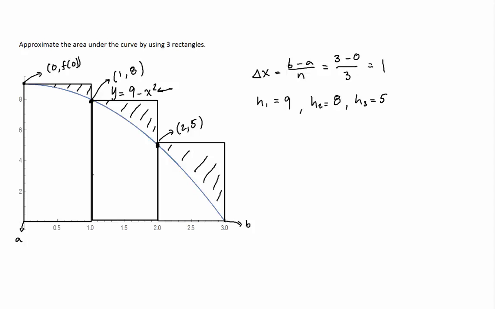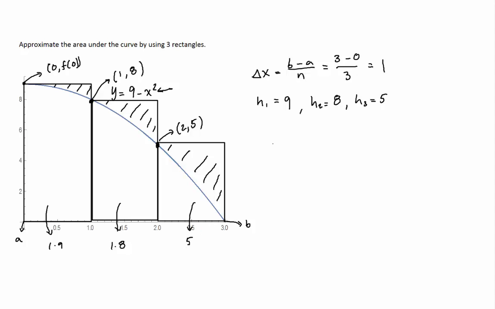So the area of this rectangle would be base times height, which is going to be 1 times 9. So 9. The area of this one, well, should be all the way down, 1 times 8, base times height. And similarly here, 1 times 5. So the area of this would be 5.